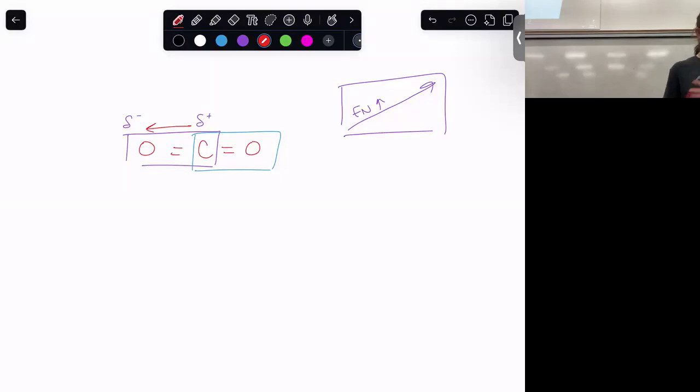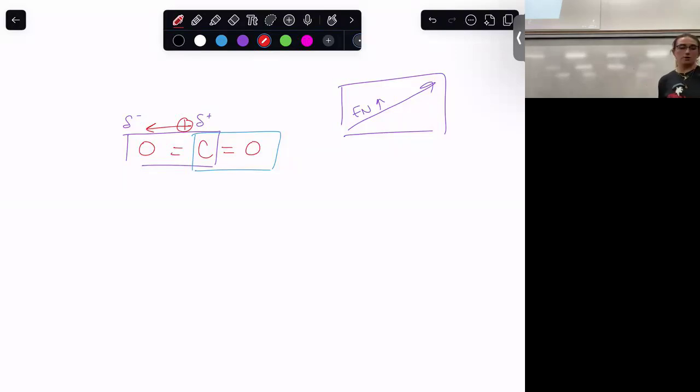What makes it a dipole is not just an arrow, but adding a line on the end of that arrow. I like to think of it as if you were to draw a circle around it, you get a positive charge, indicating that the more positive side is on the right-hand side of the arrow, and the arrowhead is pointing towards the more electronegative atom.